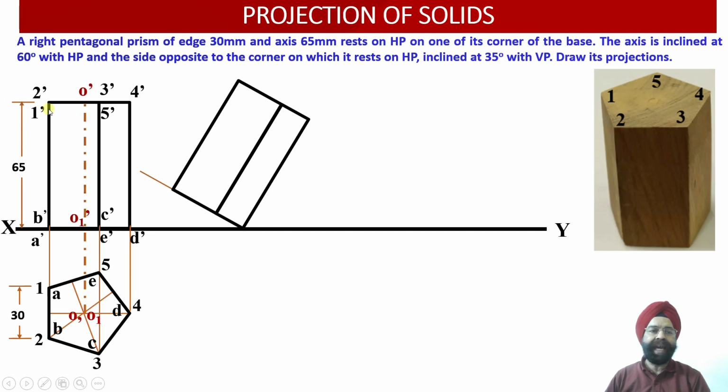And also we know that the height of this pentagonal prism happens to be 65 millimeter. So from point 1, point 2 and point 3, perpendicular projection equal to 65 millimeter we have marked. So we have been able to transfer or rotate the front view elevation projections over here. Now we know that axis is lying over here. So we can measure the distance between D dash and O1 dash over here.